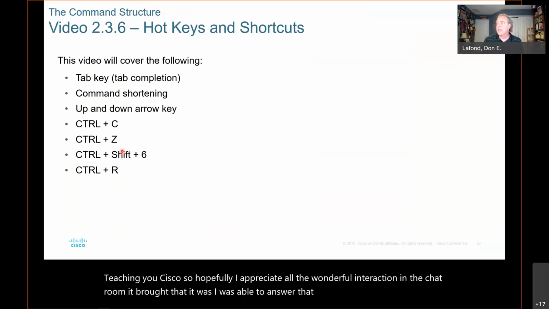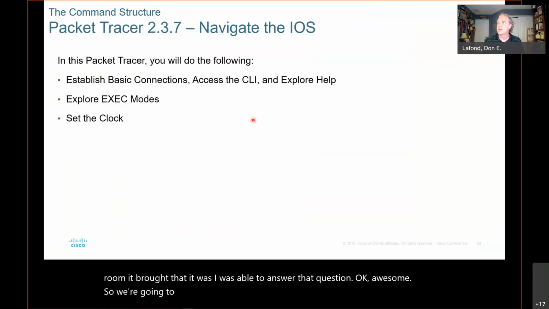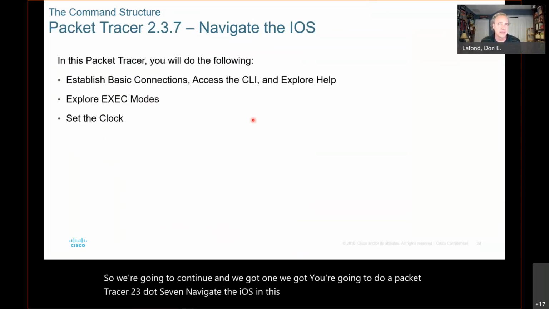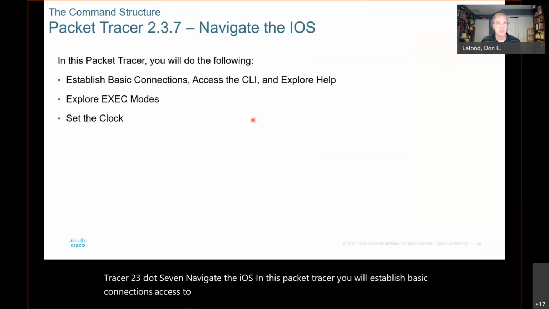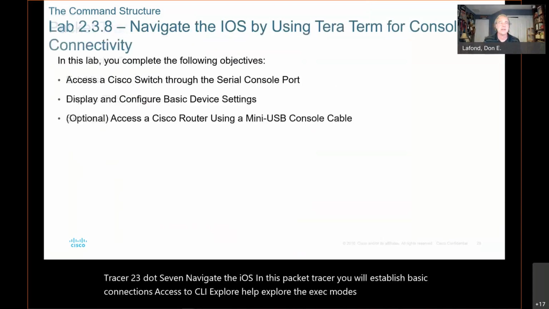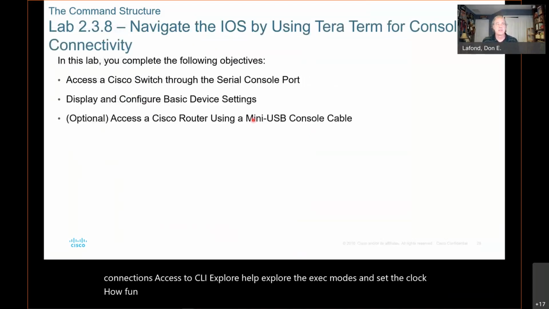Okay, awesome. So we're going to continue, and you're going to do Packet Tracer 2.3.7, navigate the IOS. In this Packet Tracer, you will establish basic connections, access the CLI, explore help, explore the exec modes, and set the clock. How fun. You're also going to do lab 2.3.8, navigating IOS.